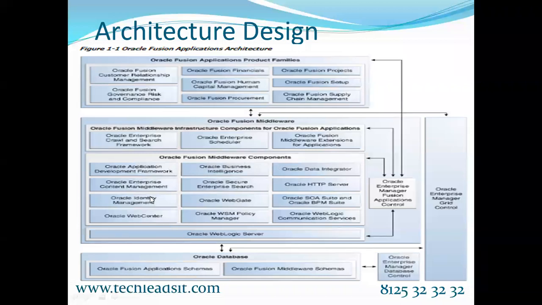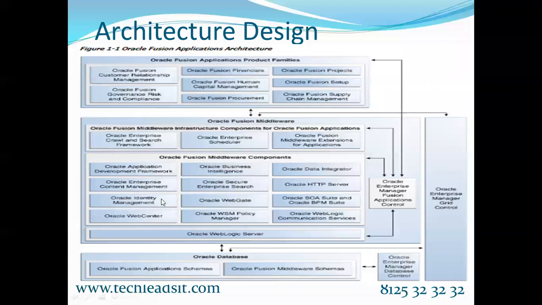These can deal with other Oracle products like Oracle Business Intelligence, Oracle Data Integrator, and Secure Enterprise Search, which is related to the crawl framework, and HTTP servers on Oracle WebGate: how policies are defined and how authentication happens from third-party systems into our Fusion systems, in and out, downstream to upstream applications. The policy manager maintains which HTTP policies are available and how they are authenticated. And WebCenter maintains web-related information.